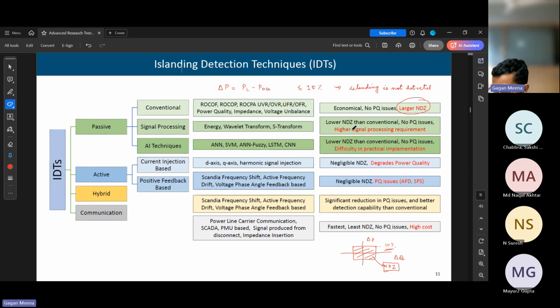Can you tell when this can happen? Although there is islanding, should there be islanding when delta P mismatch is zero? Is it possible? When will this be possible? Although islanding has occurred, how can the mismatch be zero?